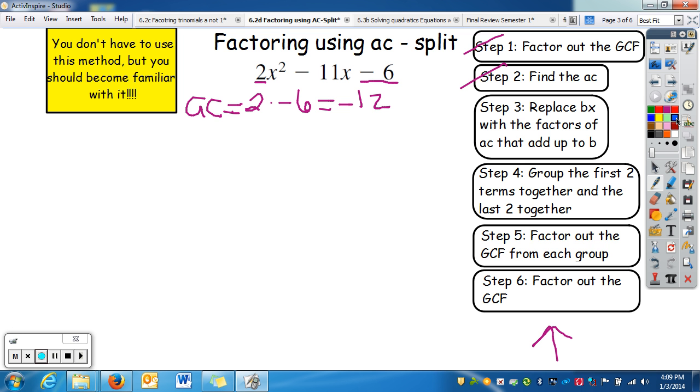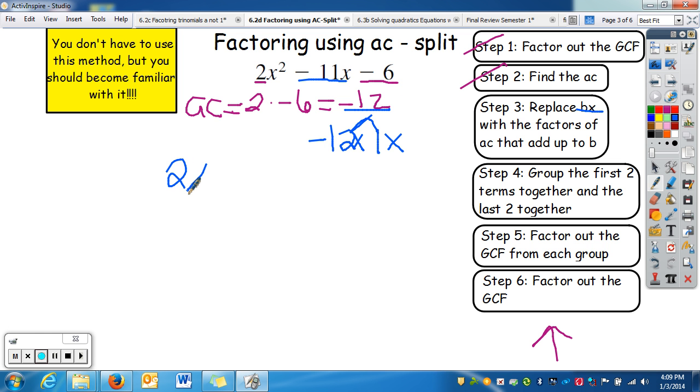So the next step. Replace BX with factors of AC that add up to B. So then I'm going to look at negative 12. I want the two numbers that add up to negative 11. And through inspection, that is negative 12 and 1. So I'm going to replace BX with that, because negative 12x plus 1x multiply together to be negative 12, but add up to negative 11.